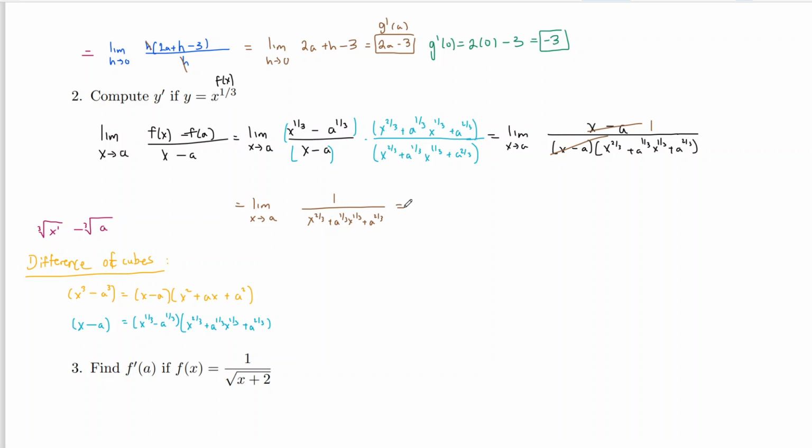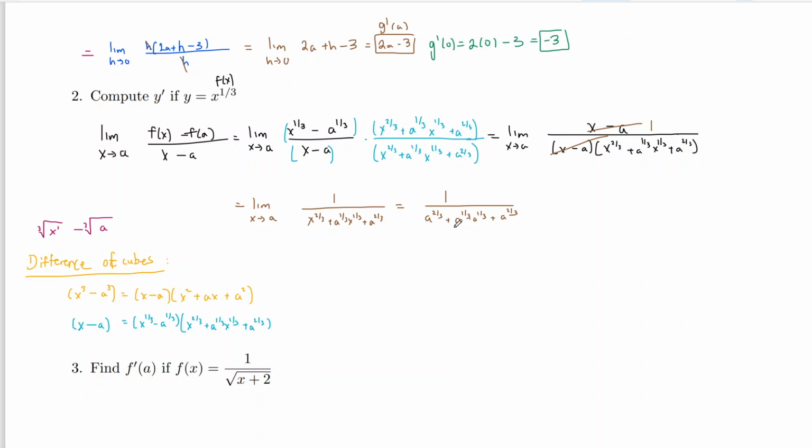All right, now that the canceling has happened, remember that after that point of cancellation is when the 0 over 0 should not happen. And we can plug in now what it says to. We want to plug in x equals a. So when we plug in a, we get 1 over a to the 2/3 plus a to the 1/3 times a to the 1/3 plus a to the 2/3.